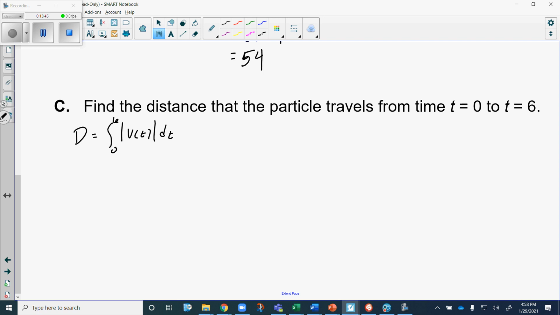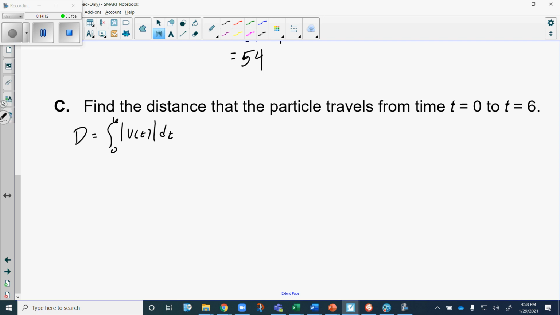Now, as a calculator exercise, this really isn't all that complicated, and I'll go to the calculator shortly to see what we wind up with. But if I don't have a calculator, how do I do it? Basically, I have to look at the intervals where it's above the x-axis and below the x-axis.